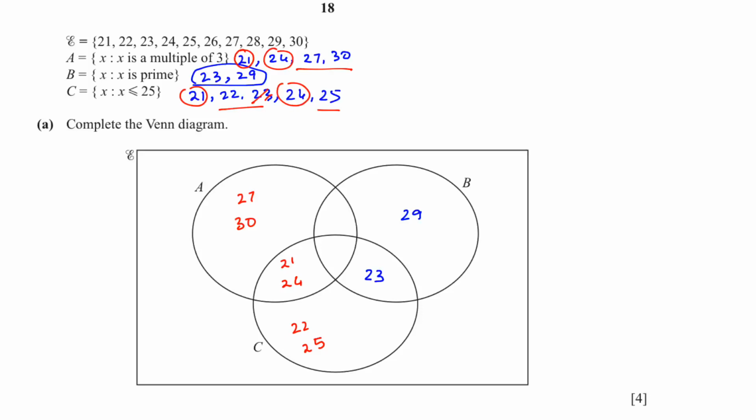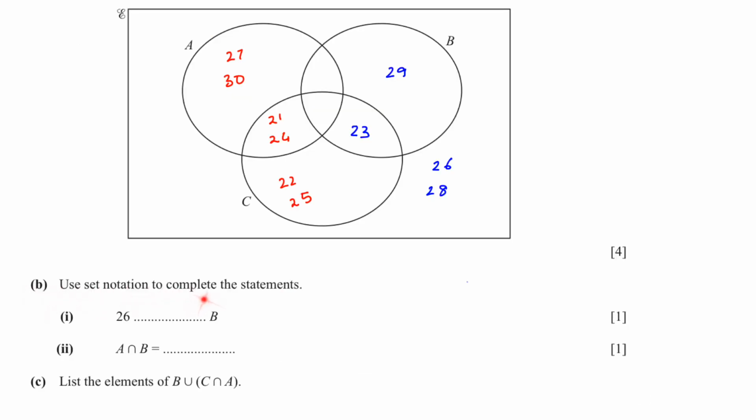That will be outside the circle. We have used 21, 22. We didn't use 26 and 28. Whatever is not in the sets, you will write it outside the circles.